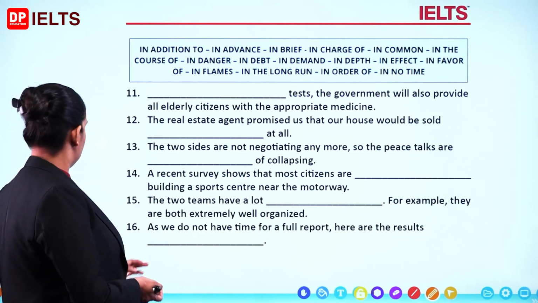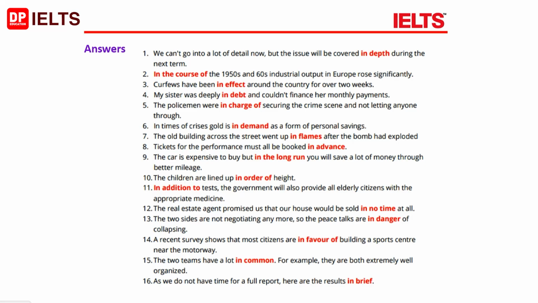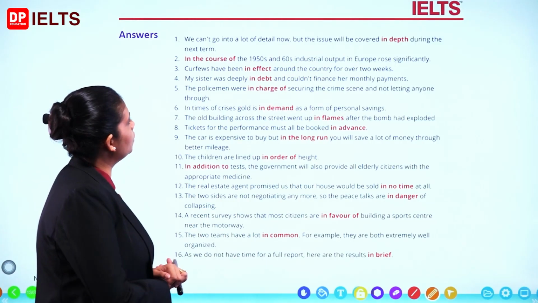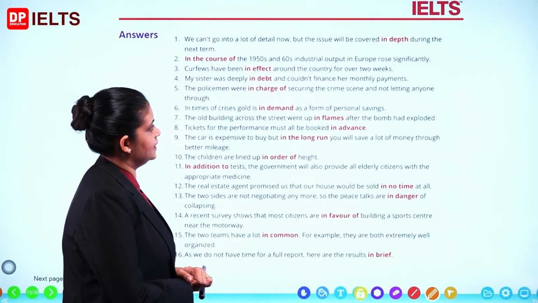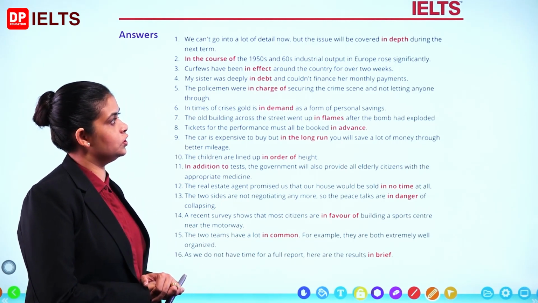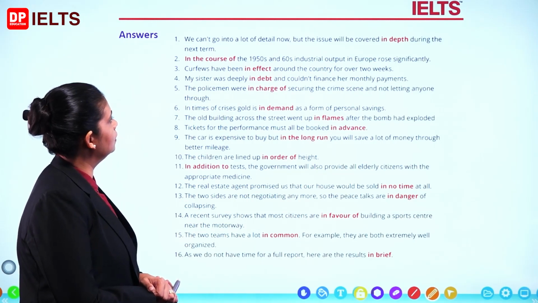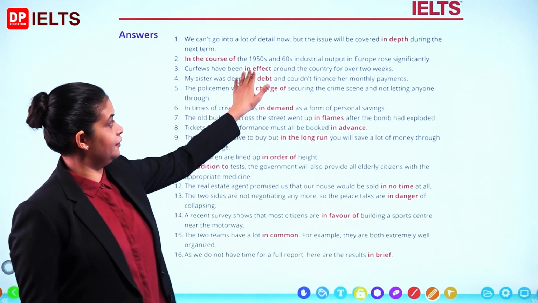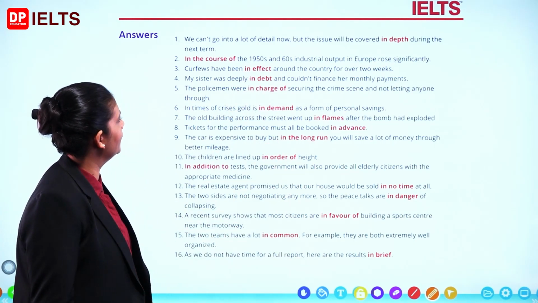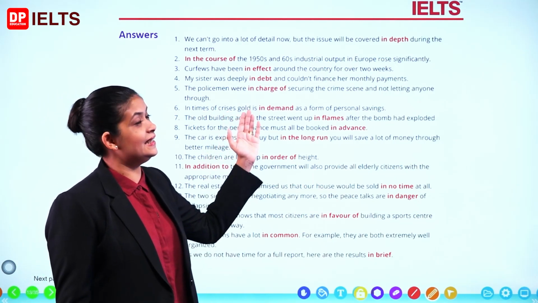All right, so here are the answers. The first one I did with you in depth. In the course of the 1950s and 60s, industrial output in Europe rose significantly. So curfews have been in effect. My sister was deeply in debt.